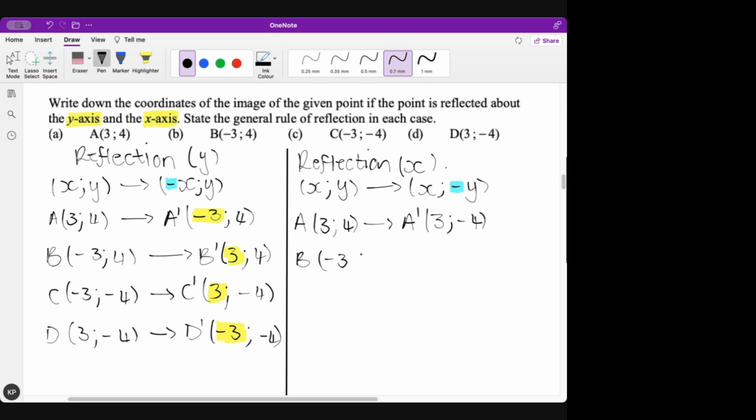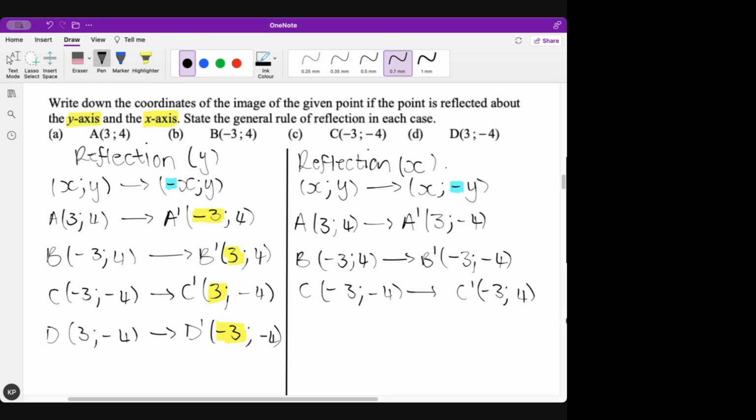B is going from -3, 4. What are my coordinates for B prime if I've reflected it? It'll be -3 and -4. C goes from -3 and -4. New coordinates for C prime. -3 with +4.